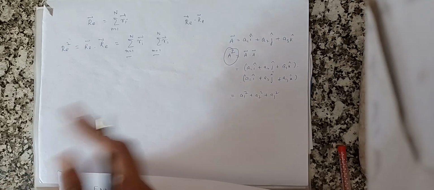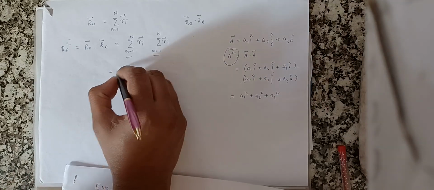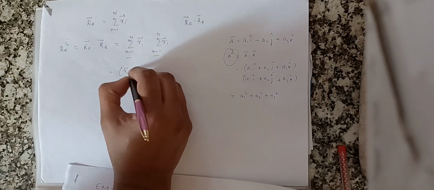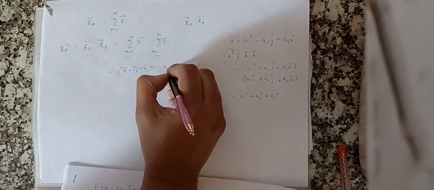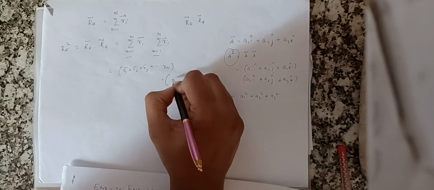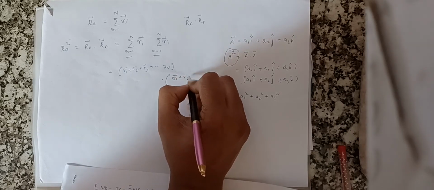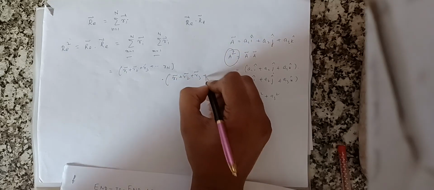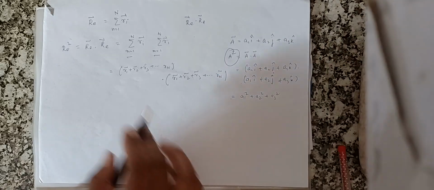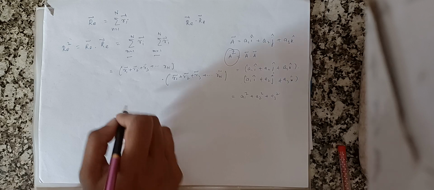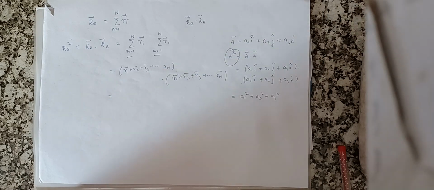Because if I open up these two brackets, in the first bracket I have r1 plus r2 plus r3 plus dot dot dot rn, dotted with r1 plus r2 plus r3 plus dot dot dot rn, right? So if I take a dot product of them, what do we have? There are two kinds of terms.